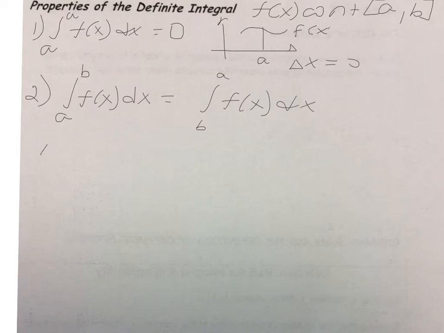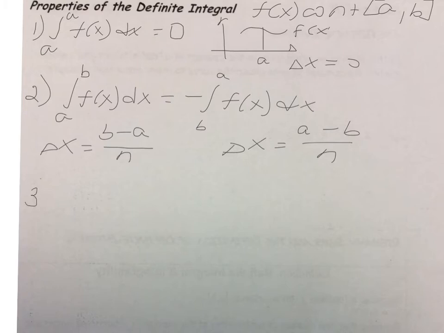In the first case, delta x is going to be the whole interval from b to a divided by n subintervals. Then in the second case, the delta x is going to be the value of a minus b over n. So it's obviously the opposite of each other, so those integrals are going to be equal to each other with just a negative in front.